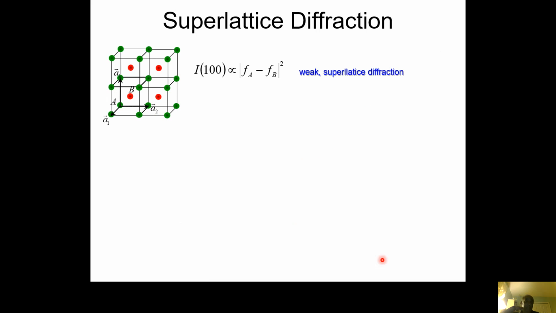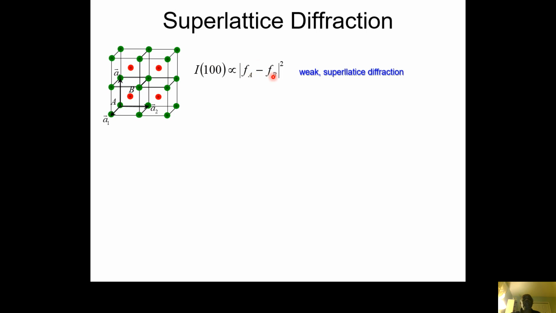Now, if you look at the intensity, you will find if you take the 1, 0, 0 plane, your intensity is given by FA minus FB. FA is one of these green ones, red is FB. You can see your intensity is given by FA minus FB.